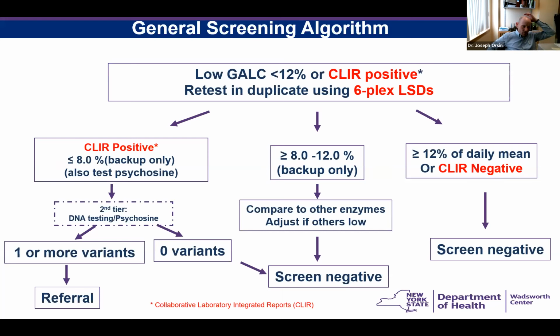I'll give you an example. Today we had a baby that had activity at about 5% of the daily mean in the GALC enzyme, while the Pompe enzyme and the IDUA enzyme, the one for MPS1, were near 100%. So this baby's samples are actually on their way right now to Dietrich, his lab at Mayo, for second-tier psychosine testing. And we initiated our GALC variant analysis.